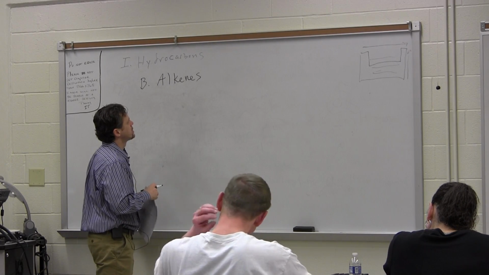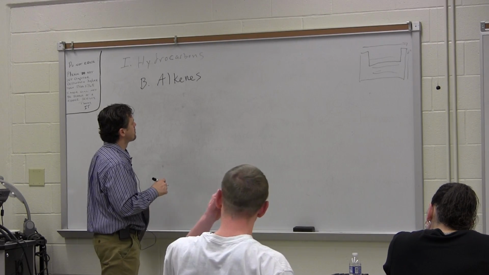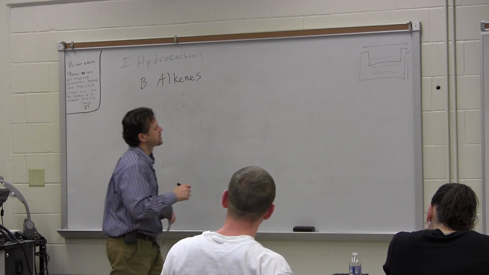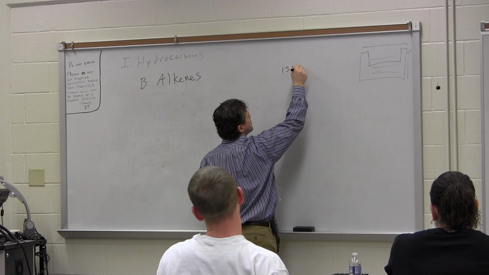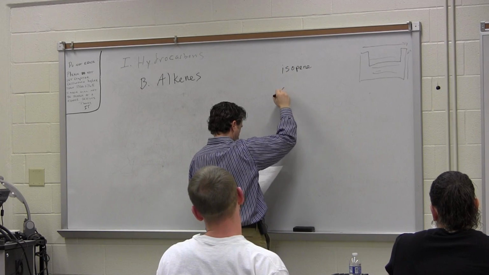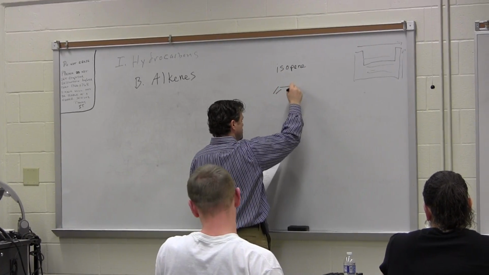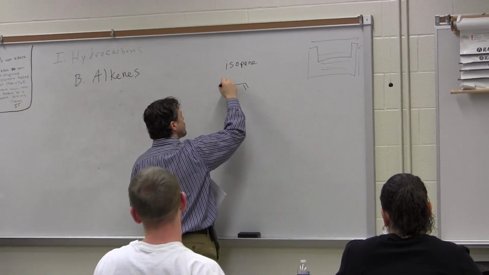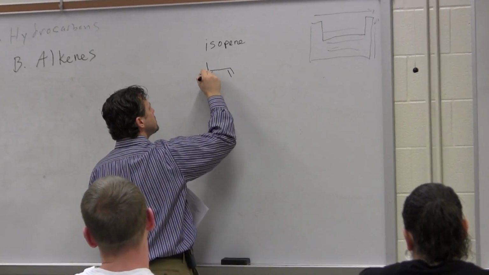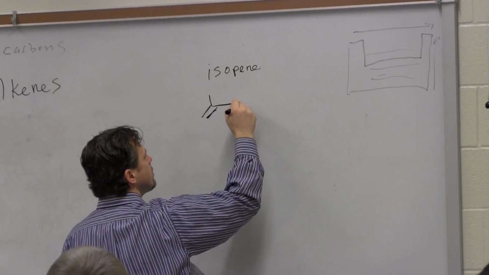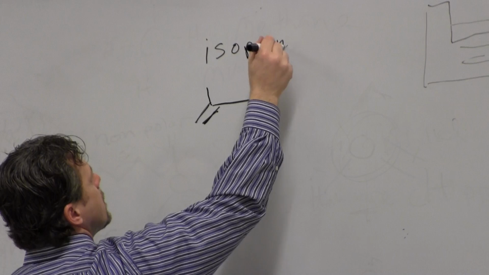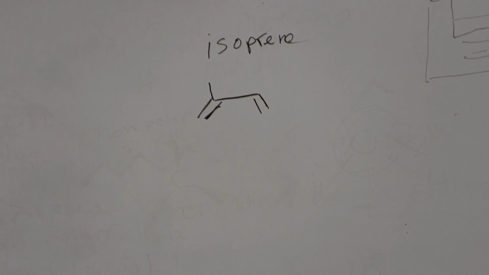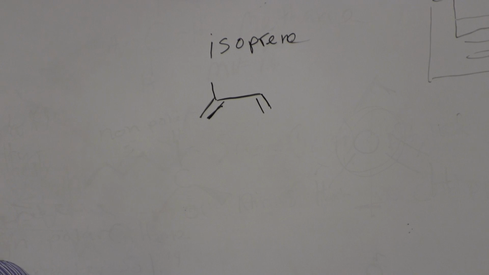They all pretty much originate from a product called isoprene, which is basically a butadiene with a methyl group hanging off of it. Say isoprene, sorry, that's the trivial name for that. The IUPAC name would be 2-methyl-butadiene.